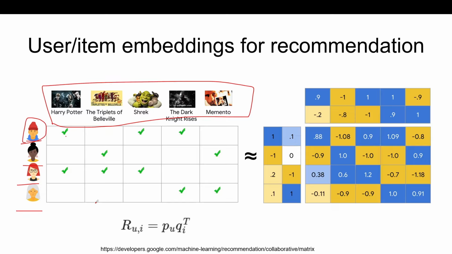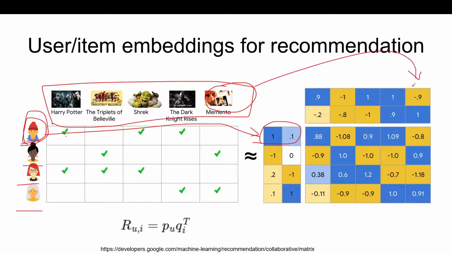For each user, we want to have an embedding that represents that user. Also, for each item, we want to have an embedding for that item, so that we have two sets of embeddings, one for users and one for items.